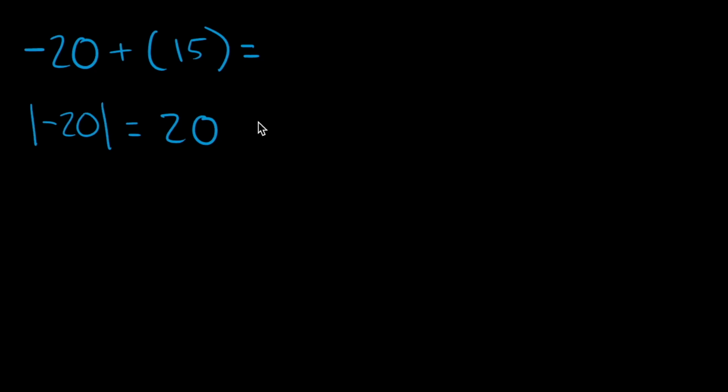And then 15, it's a positive 15, so the absolute value is 15. So we found our two absolute values, which are 20 and 15. And we know that the absolute value of 20 is bigger than 15, right?